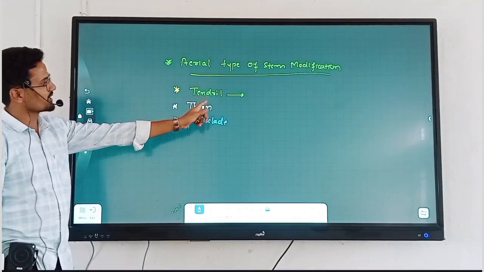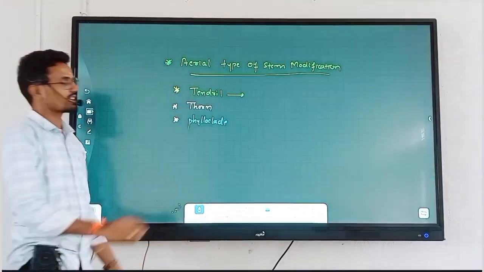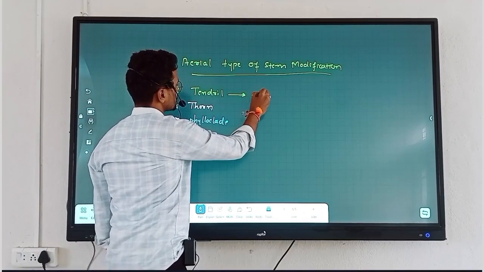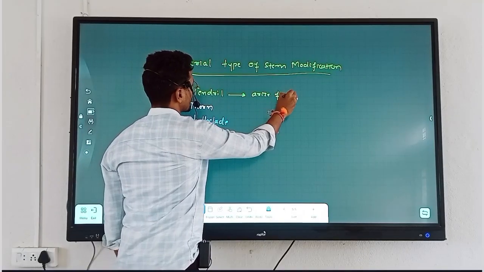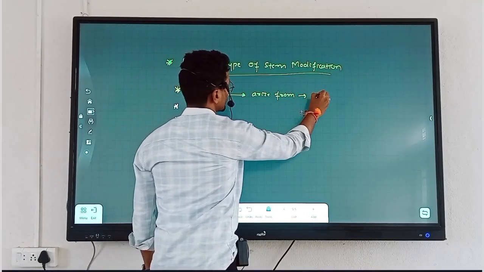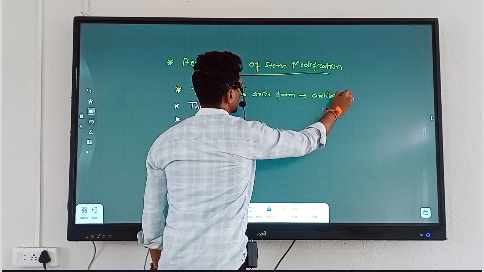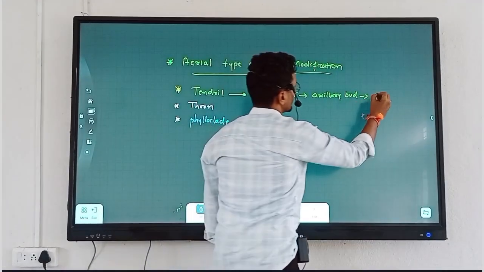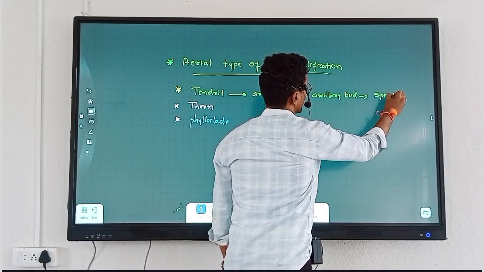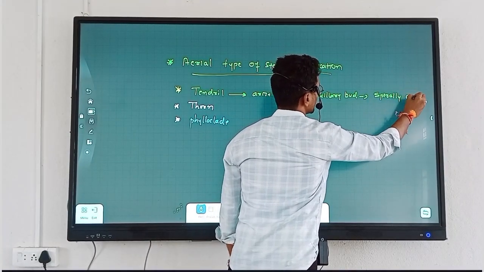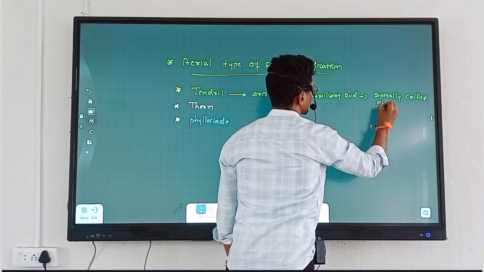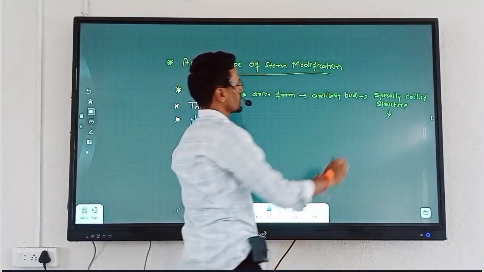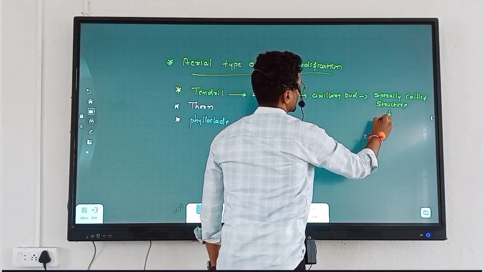Tendril is a modification of a stem which actually arises from an axillary bud. These are spirally coiled structures which are helpful in climbing.